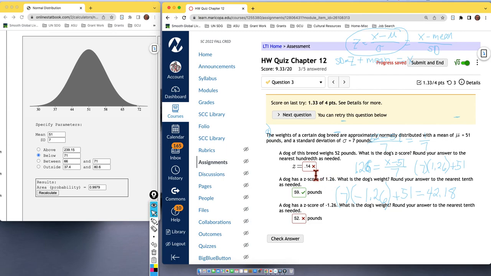Oh, maybe we went to 0.143, which is how we rounded it. Oh, rounded to the nearest hundredth. It should just be 0.14. Let's see if it'll take it. Yeah, so we were too accurate.